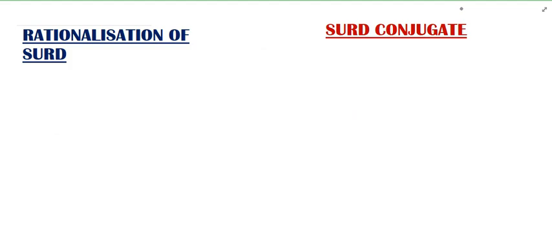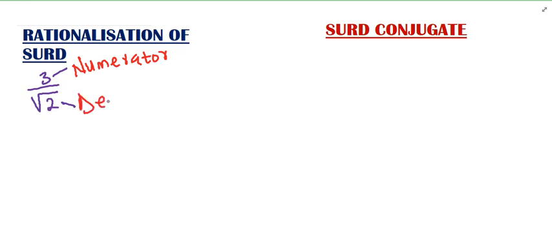Rationalization of SOD. Okay, so we're now into the last lap of this before we start solving some questions. For instance, if I have a number like 3 over SOD 2, you know this is a fraction and the number on top is the numerator, and this is the denominator.